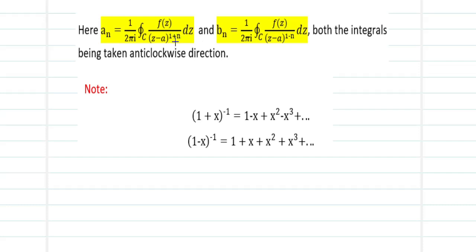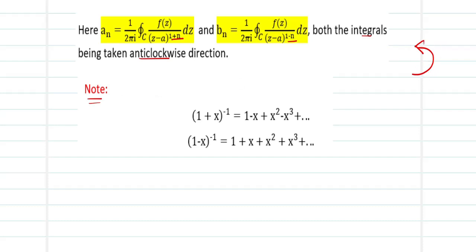Notice the change: here it is 1 plus n, and here bn has 1 minus n. So this generates positive powers, this generates negative powers, and the integrals are both taken in the anti-clockwise direction. So how do we measure the curve? The curve is measured in the anti-clockwise direction.